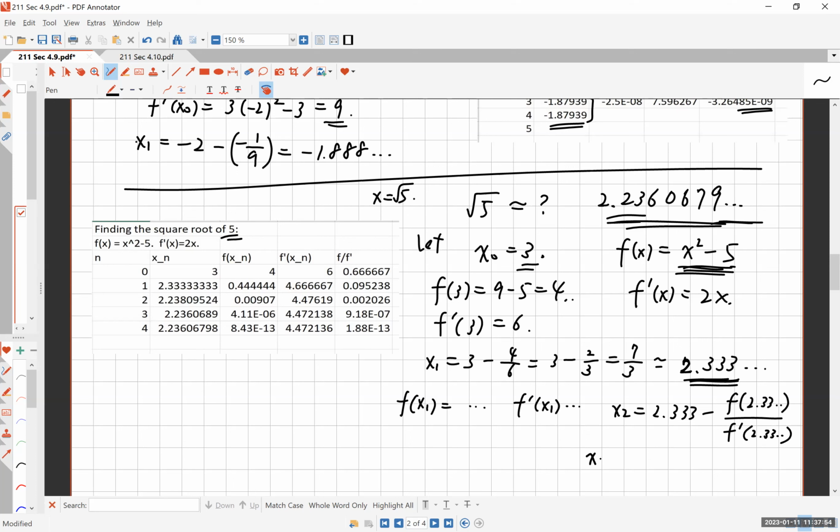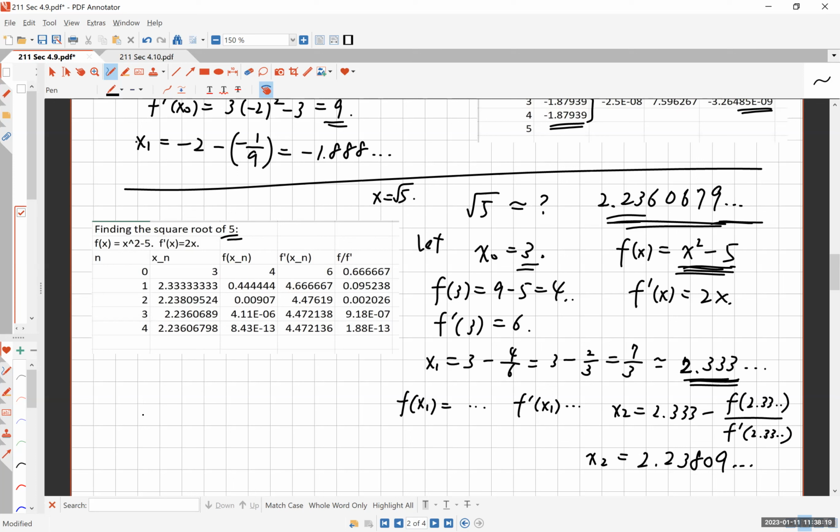This x2, as you will see, is going to be 2.238. Go ahead and try to do this on your own using your calculator or your spreadsheet. If you know how to enter these small formulas into cells, you can iterate this using Excel. That will make your life much easier.